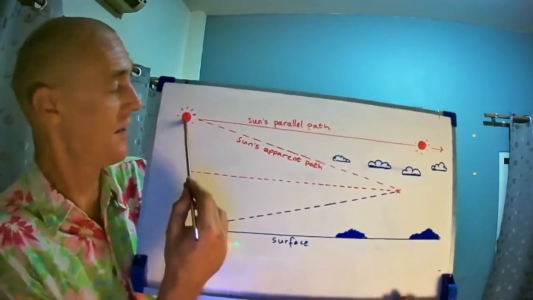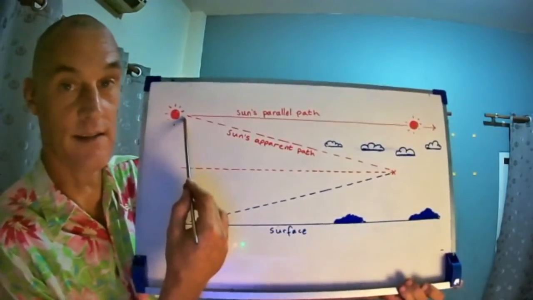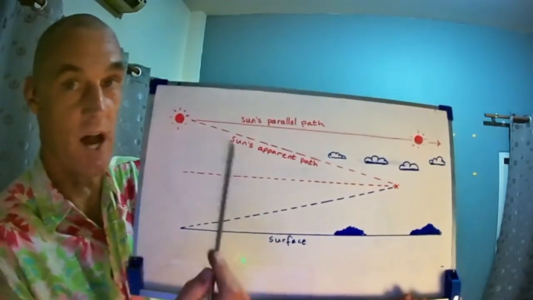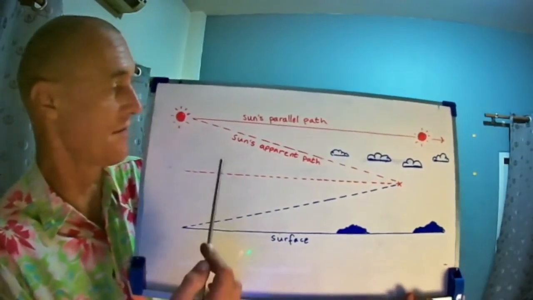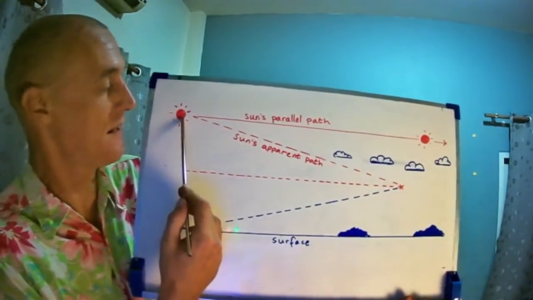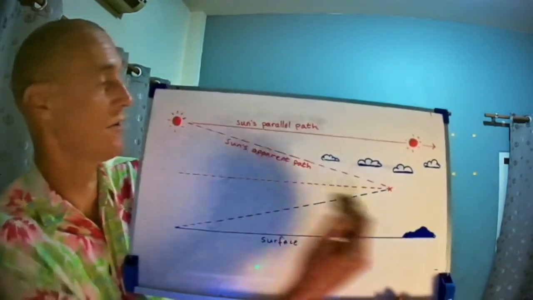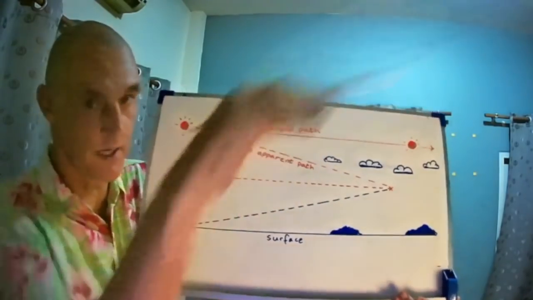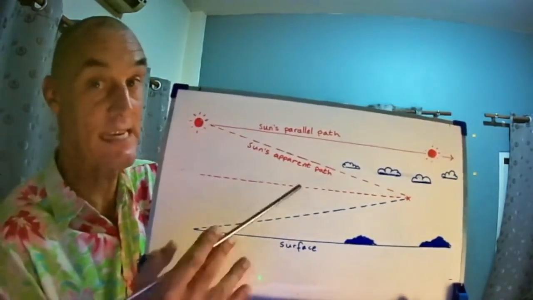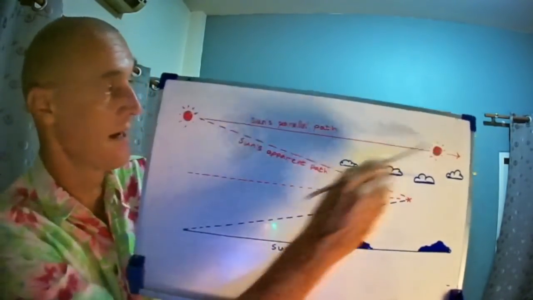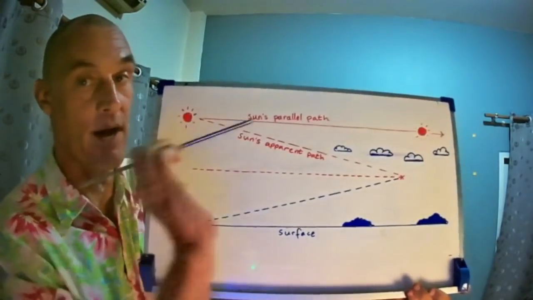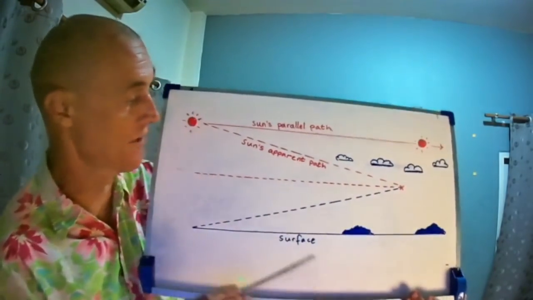So the sun is at whatever height it is above the Earth. That's arbitrary. For models, it doesn't really matter. And the idea is that it takes a parallel path to the surface, all right? Okay, it may be curving around in a circle, but what we see locally is the sun going off on a path that is parallel to the surface of the Earth.